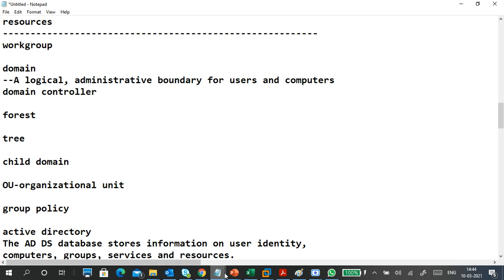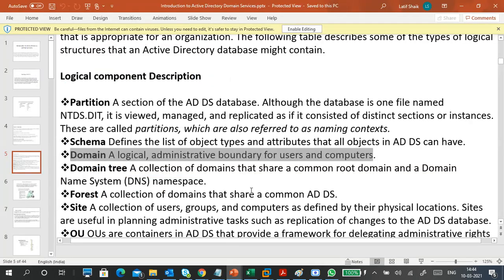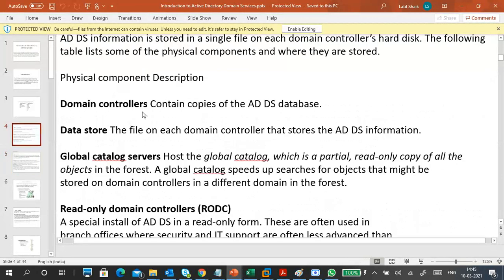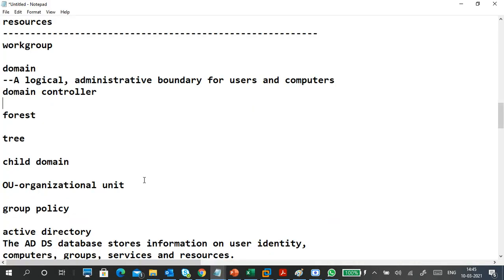What is a domain controller? Instead of reading from the PPT, you can read the PPT if you have time. It contains a copy of the database.